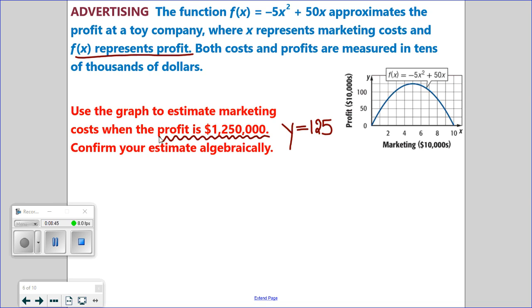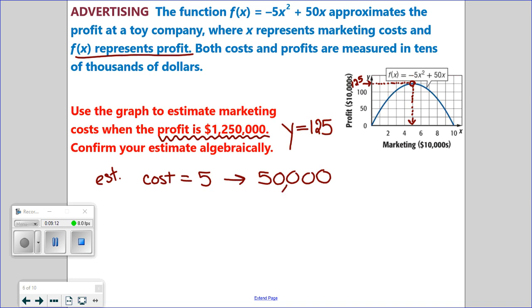So there's 25, 50, 75, 100. 125 would be this line right here. Follow that over to our graph. It's right here, which would be an estimate of 5. Okay, so my estimate would be that my marketing costs would be 5, which is actually how many dollars?